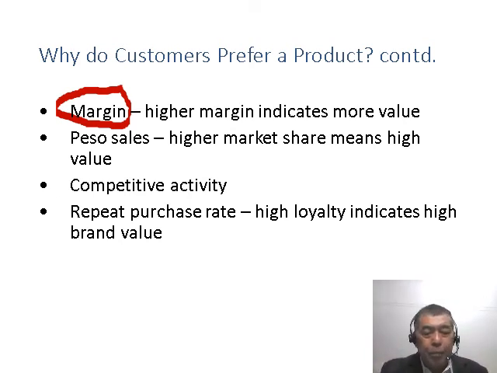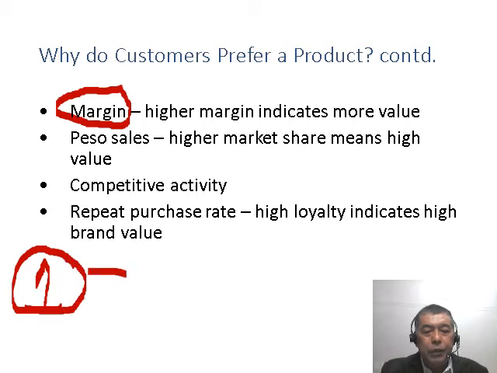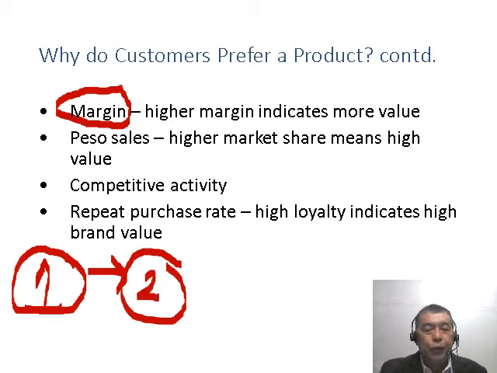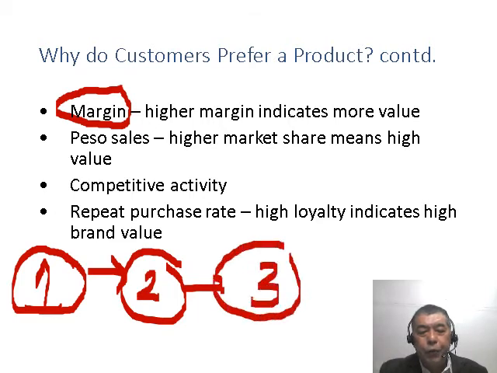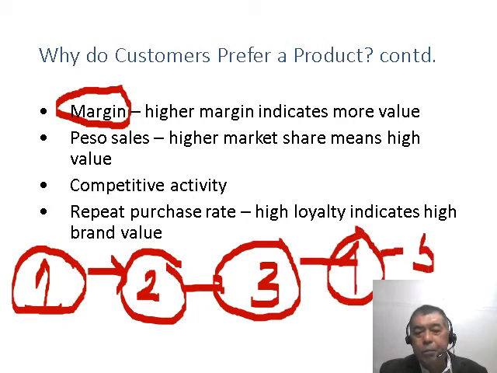Because in the consumer buying behavior, the first stage is problem identification and need recognition, and the consumers will go to the second stage, which is the search for information, the third stage is the alternative choices, the fourth is the purchase, and the fifth is the post purchase.